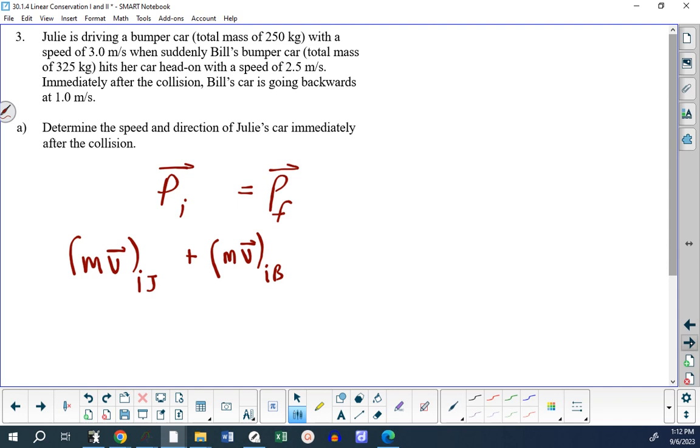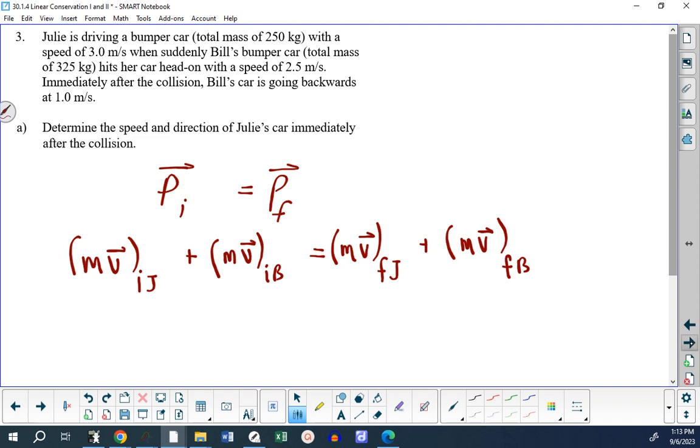I hope you see where this is going. We're going to have two more terms on the other side, aren't we? Because they're both moving afterwards. So this will be MV of Julie after plus MV afterwards of Bill. And now we have to put in all of the information.